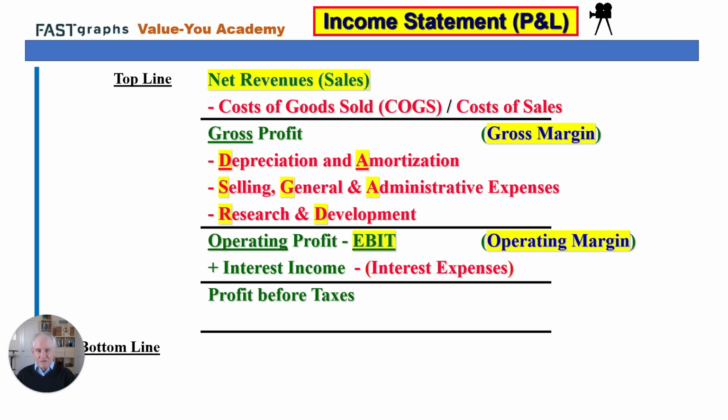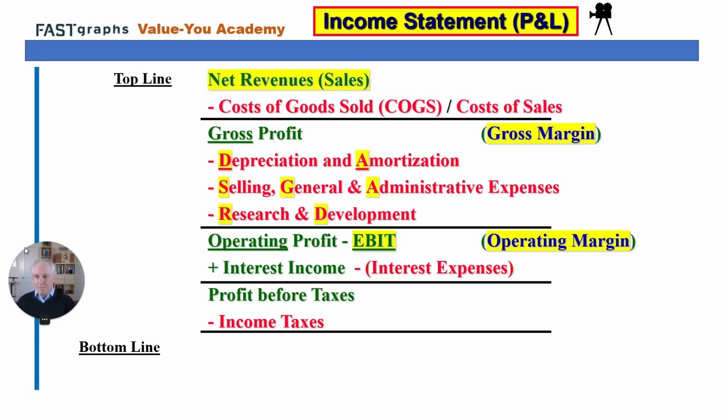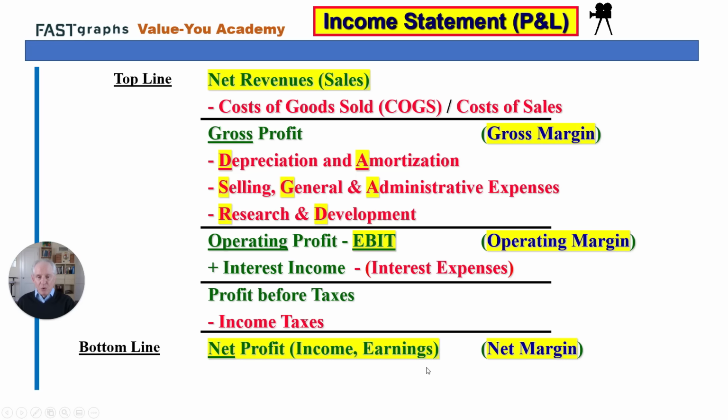We set up a provision for taxes at your corporate tax rate. It might be in the low 20s right now. So now we have to take off the income taxes and get to the bottom line. Very important number, the bottom line. That's your net profit, your net income, your net earnings.